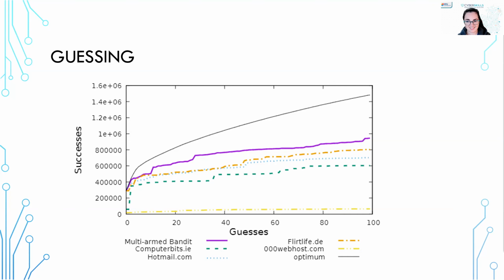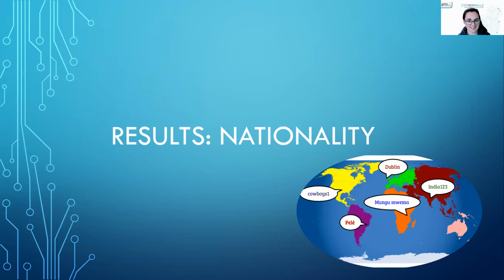Okay, so the next thing we were interested in is the nationality of the users. So we saw already that if we know that the user's passwords come from a specific site, then we can pretty well estimate what site the user's passwords came from. So now we want to know whether we can estimate the nationality of the users, or predict that.